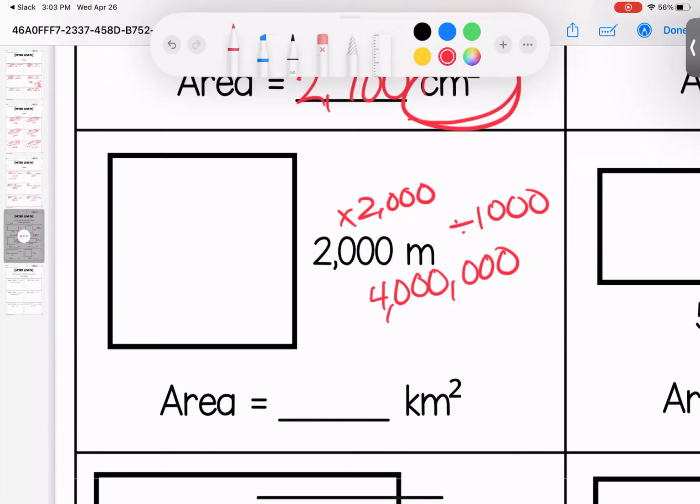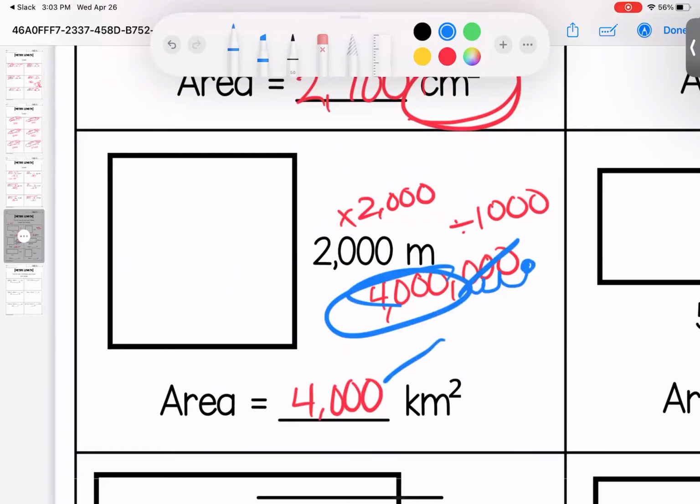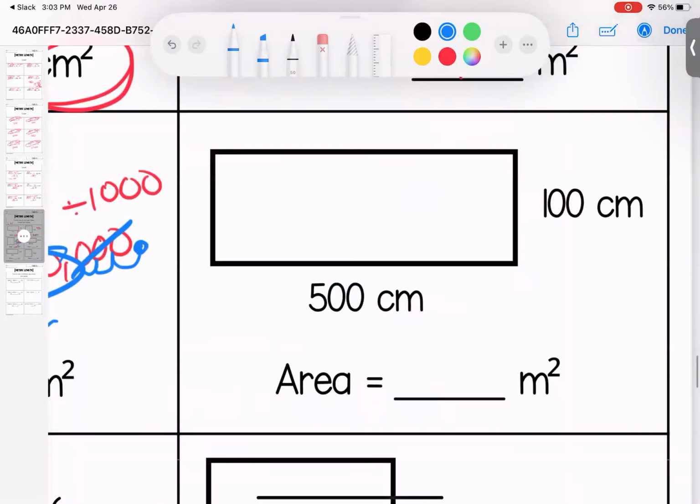So again, 2,000 times 2,000 gives me 4 million. Dividing that by 1,000 gives me 4,000. Remember to move your decimal. I can start with my decimal, move it over 3 times, 1, 2, 3. That leaves me with my 4,000.